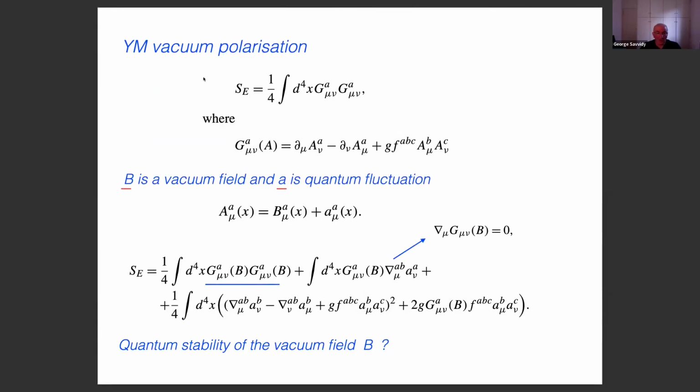So we have a Euclidean action, which is written here with the field strength tensor. What we are doing, we are interested in the polarization of the vacuum, which is a solution of the sourceless Yang-Mills equation.